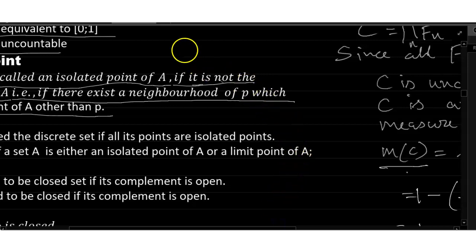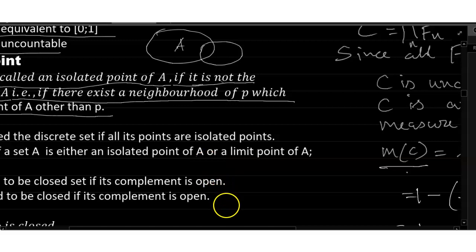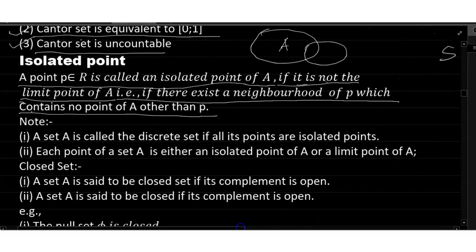Suppose A is a set, and this is an open interval around the point P. P may be in A or otherwise, but this portion is empty.